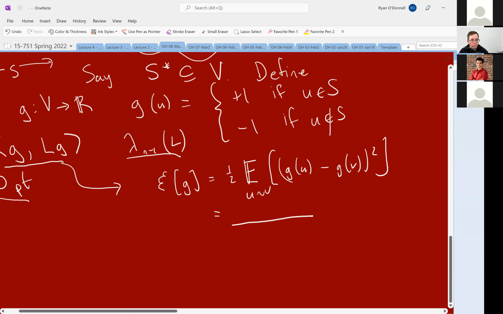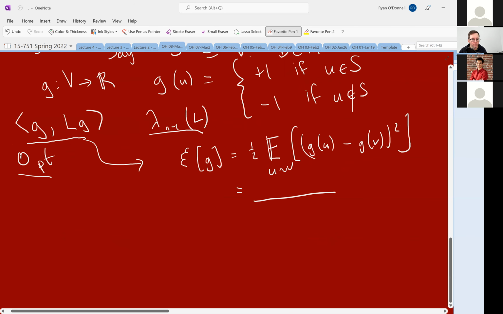I wasn't sure about this specific one, but this is the quadratic form of 2 times the indicator minus 1, so I can just use properties of the quadratic form. That'll make it a little easier.